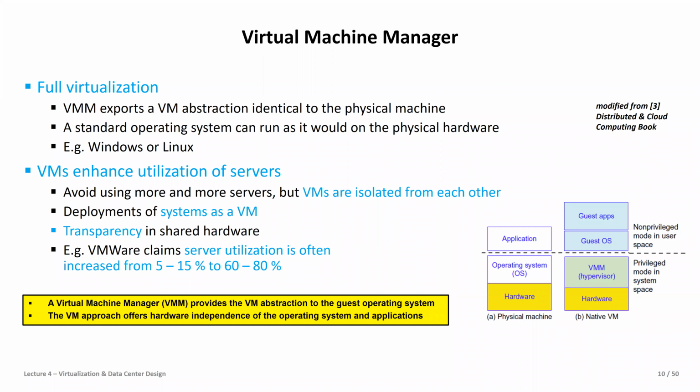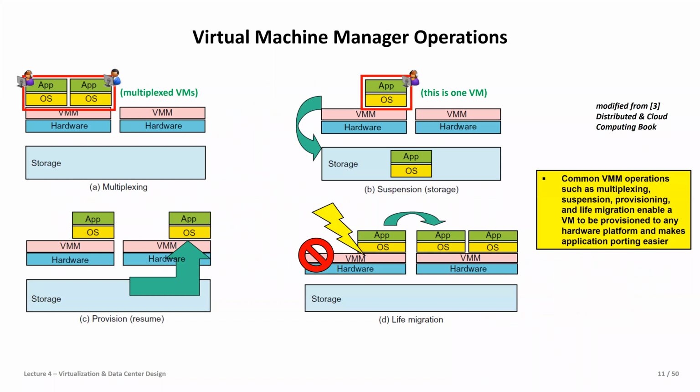And with this, it's completely independent from the hardware. I just have to be compliant with the VMM on the hypervisor. So this has taken lots of interesting uptake in the cloud community and large server designs where you have multiple operations you can work with. So one of them is, of course, multiplexing VMs, which we have already seen. When you have one type of hardware, you can have different VMs on top of the VMM manager.